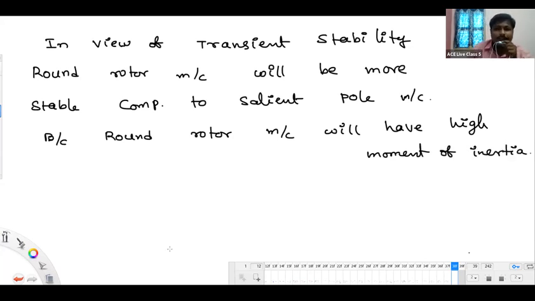Right? Round rotor machine will have high moment of inertia. So I think all of you are getting this point.